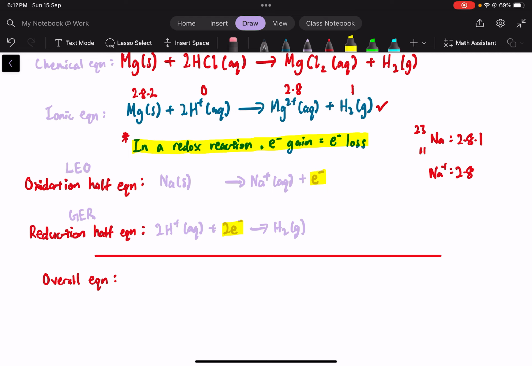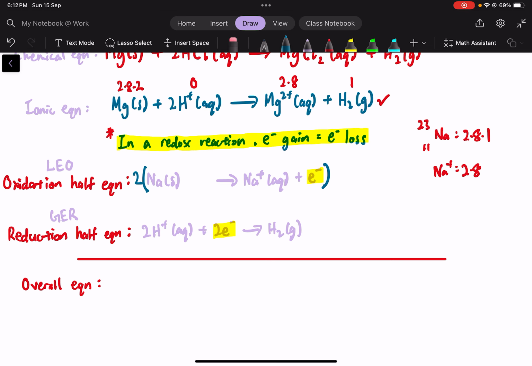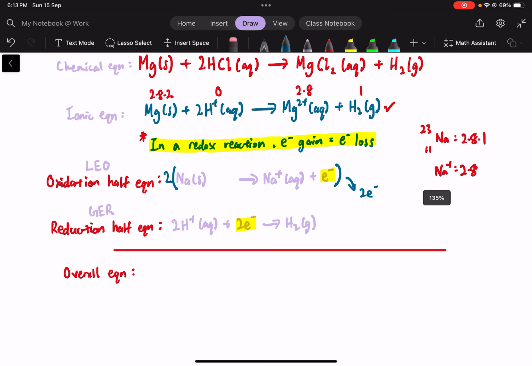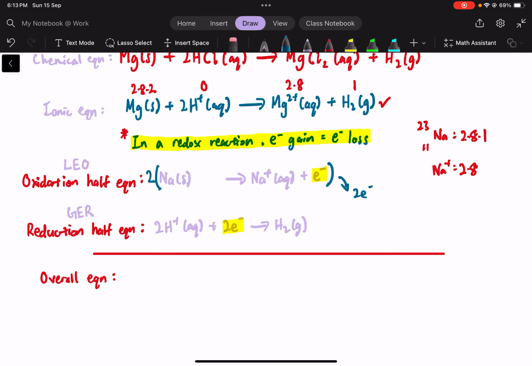To balance the left hand side and right hand side, we can simply multiply the oxidation half equation entirely by 2. Now the number of electrons involved here is 2, so there are 2 electrons on both the left and the right hand side. We can remove these and cancel the electrons away.